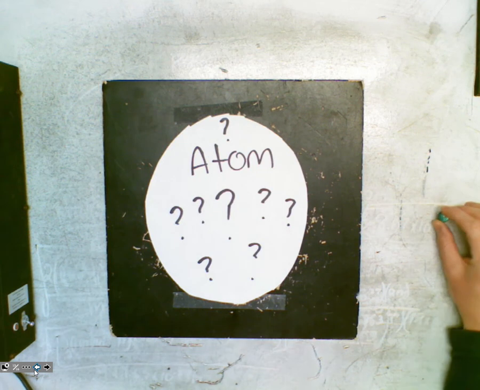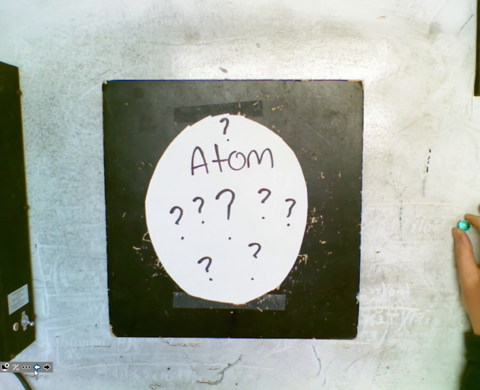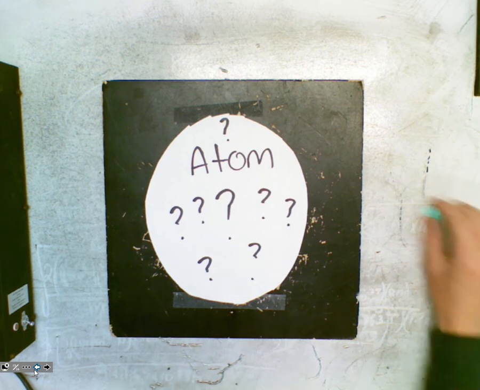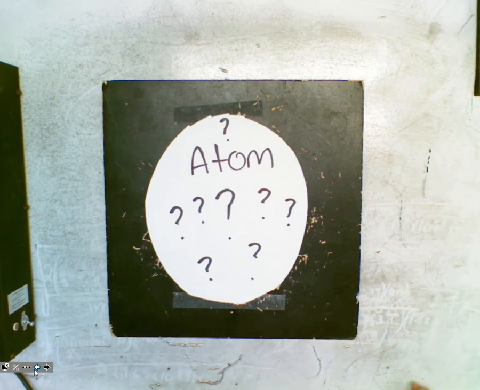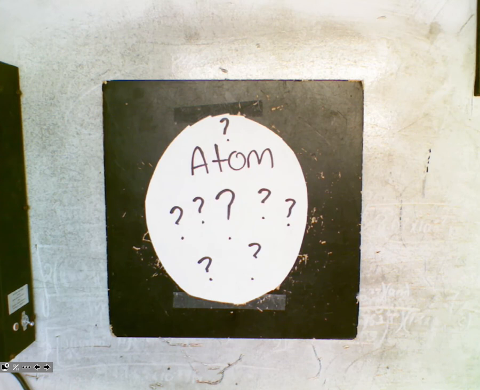But every so often, he'd get them to bounce off at weird angles. Very, very few, but every so often, he could get them to bounce straight back, right? So most of the alpha particles passed right through. Some of them passed at different angles, like that. But once in a blue moon, he'd get one to bounce backwards, which was crazy. I know you don't understand how crazy it is.